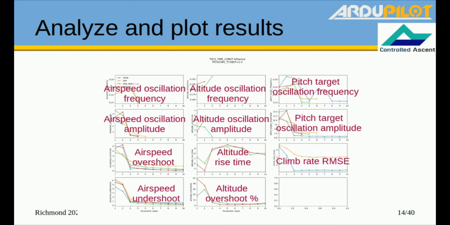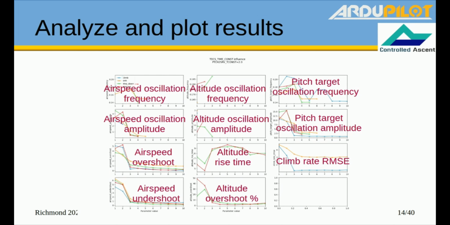The first column is about airspeed oscillation, frequency and amplitude. The center column is about altitude oscillation. And the third one is about the pitch reference command that TECS generates. And the lower side is for airspeed overshoot and undershoot, separately set.